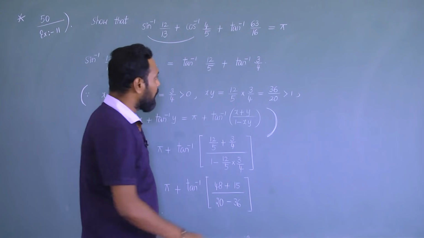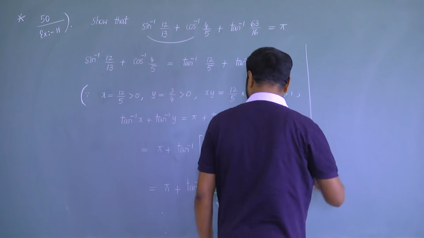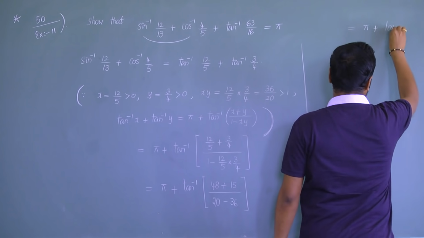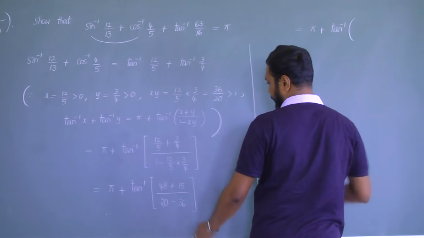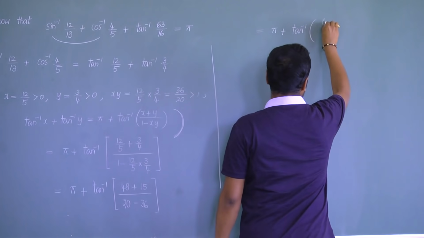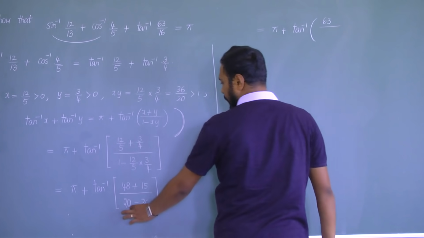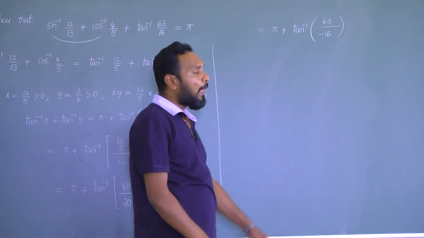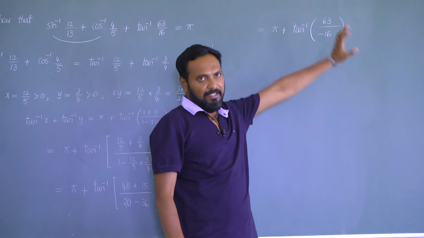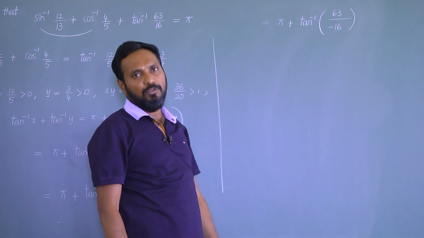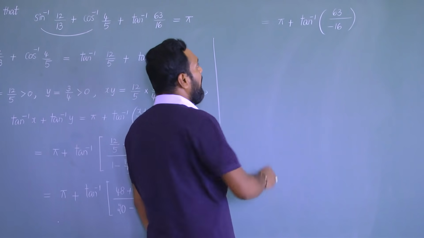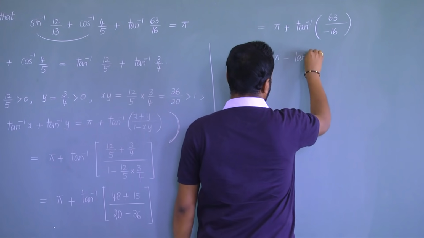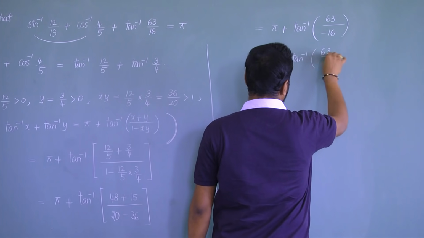So equals pi plus tan inverse of 48 plus 15, it is 63, divided by 20 minus 36, it is minus 16. Tan inverse of minus x, you already learned, is minus tan inverse x. So pi minus tan inverse 63 by 16.